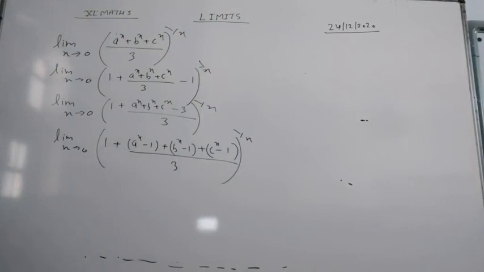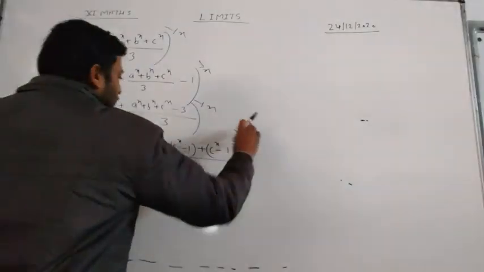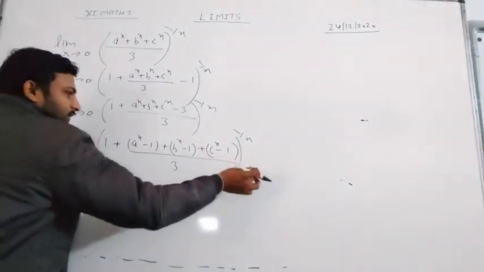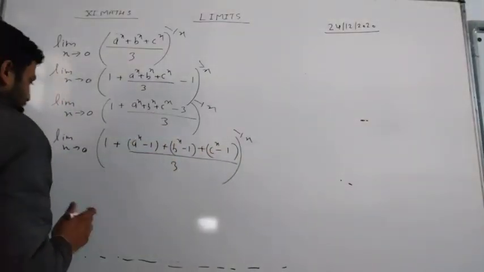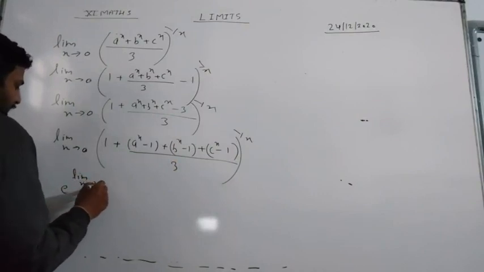Now we will apply the formula. This is f(x) to the power g(x) and limit x tends to 0. So we write (f(x) minus 1) into g(x). So e to the power limit x tends to 0.